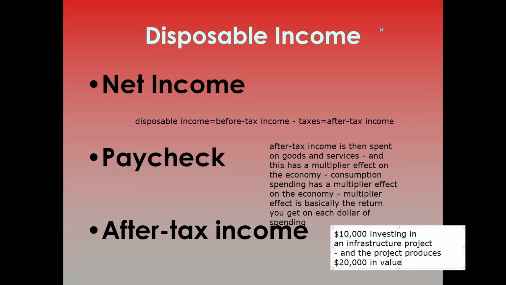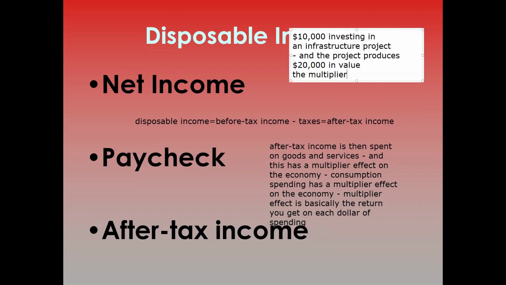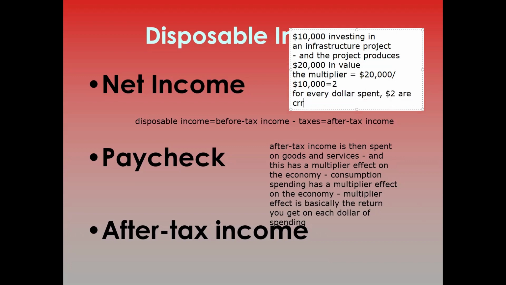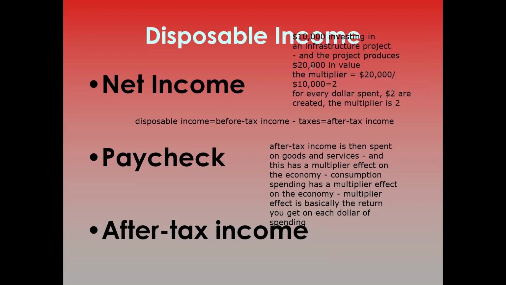To get the multiplier in this case, it would be 20,000 divided by 10,000, which equals 2. So for every dollar spent, $2 are created. So the multiplier is 2. It shows the return you get on investment. The multiplier is basically return on investment.